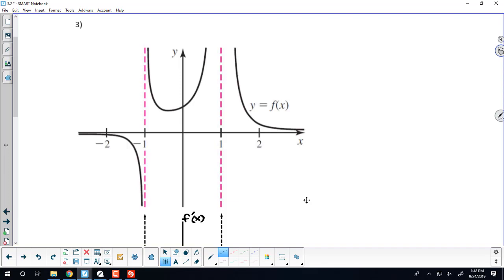Let's think about this. At the beginning, it's negative, but it's very shallow, so it's very small, which means it starts at a negative, but just below the x-axis.